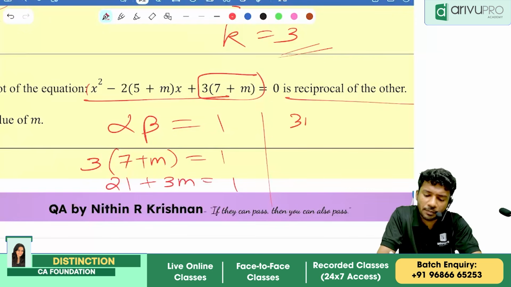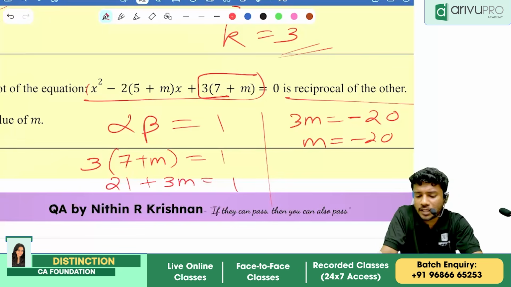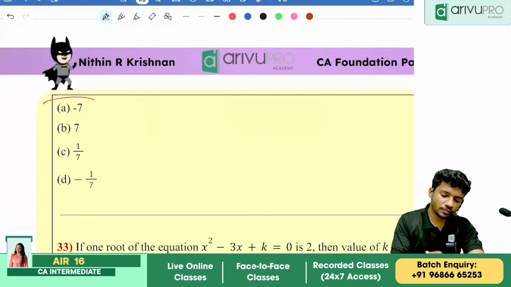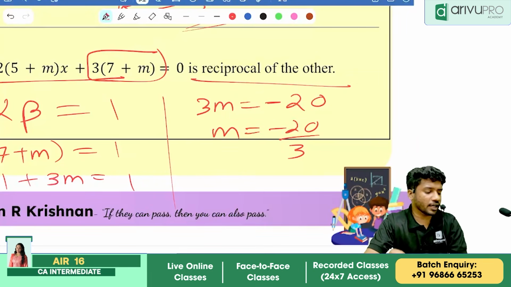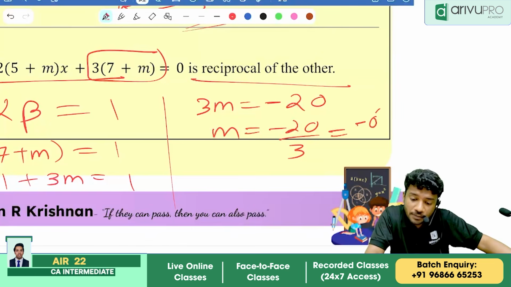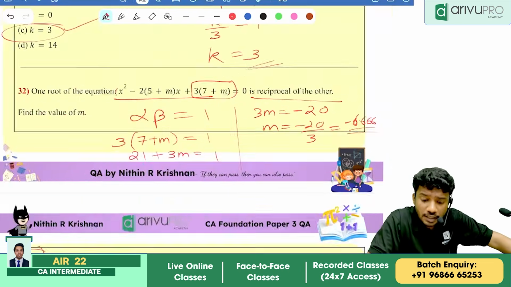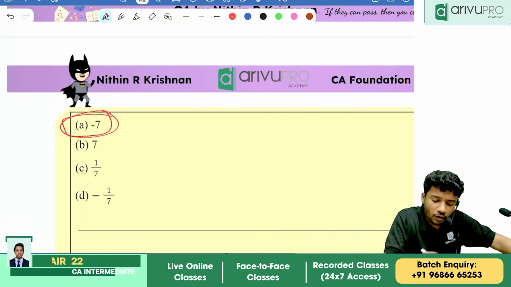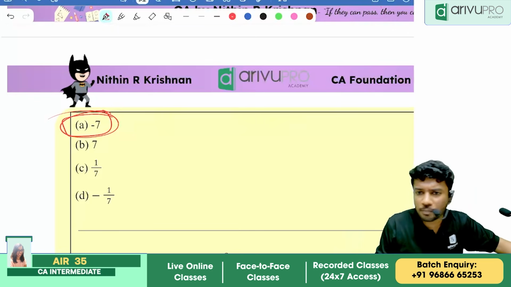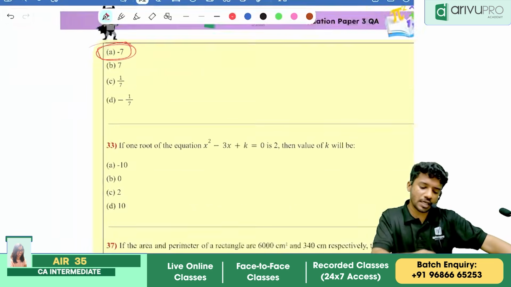That means 3m is equal to minus 20. m is equal to minus 20 divided by 3. Which option is the nearest answer? Take your calculator. 20 divided by 3 is 6.666, so minus 6.666. Which is nearby to that? Option A, minus 7. I hope everyone got it. Everyone understood this?